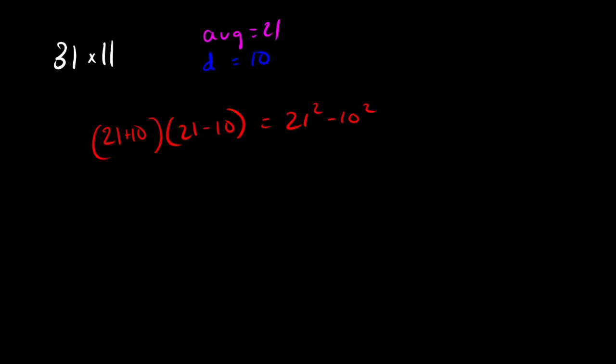If you're familiar with the squares of numbers in their 20s, you can get that 21 squared is nothing but 441, and 10 squared is nothing but 100. Simplify that further, and you get 341. Final answer. Nothing more to it.